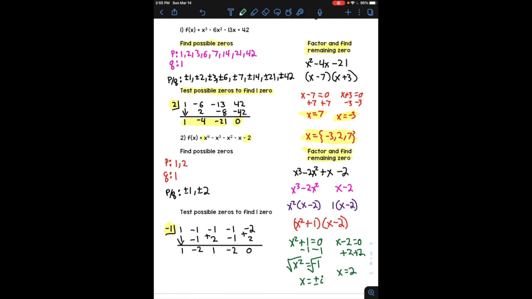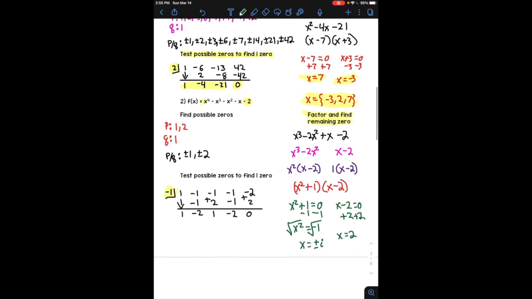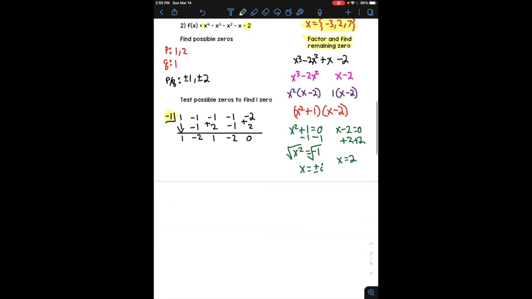Well, we want to find all of the zeros and identify how many rational and imaginary zeros there are. Well, I know that x is going to equal -1 because I tested it from our list and found out it was a solution. I know that x is 2. And the other 2 solutions are positive and negative i.